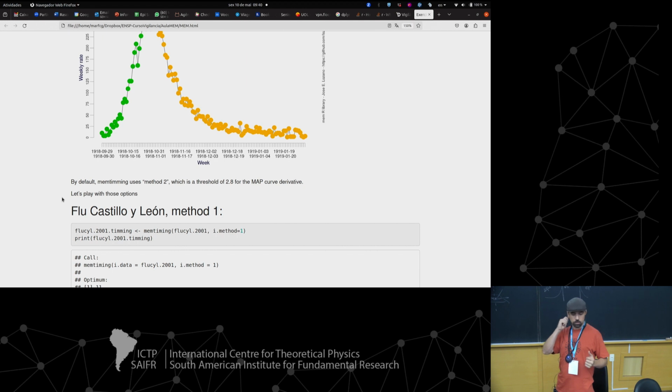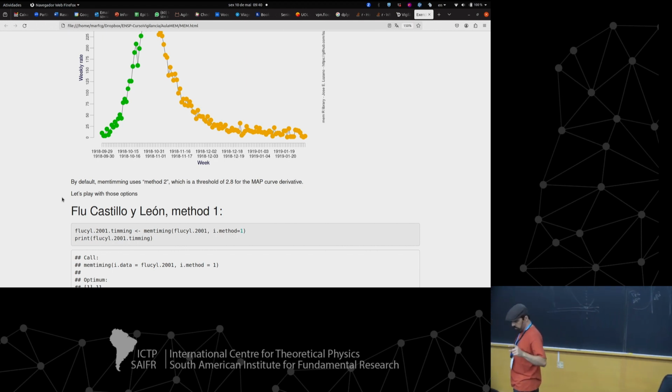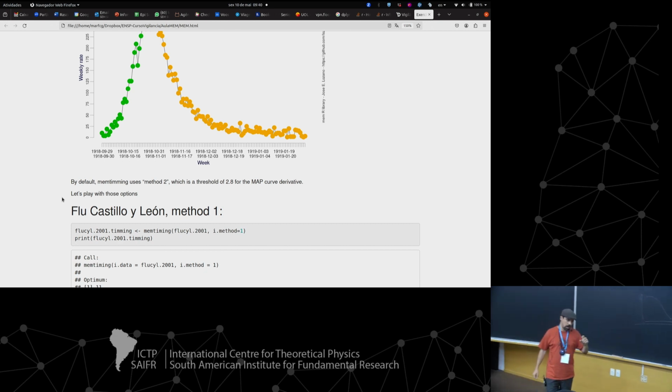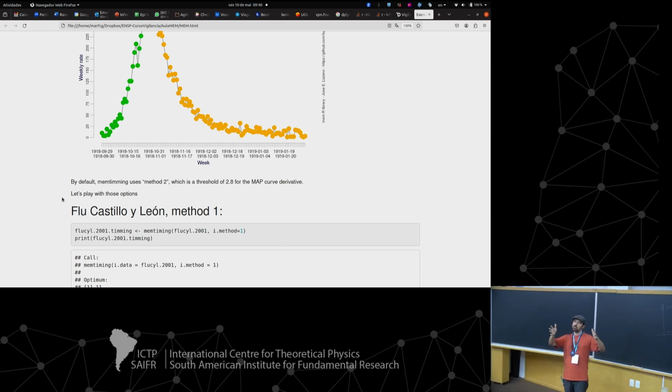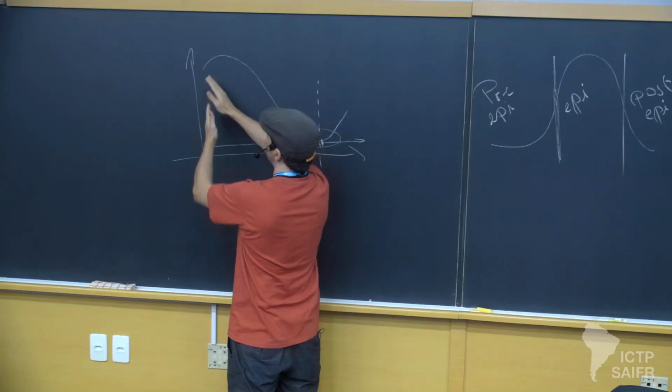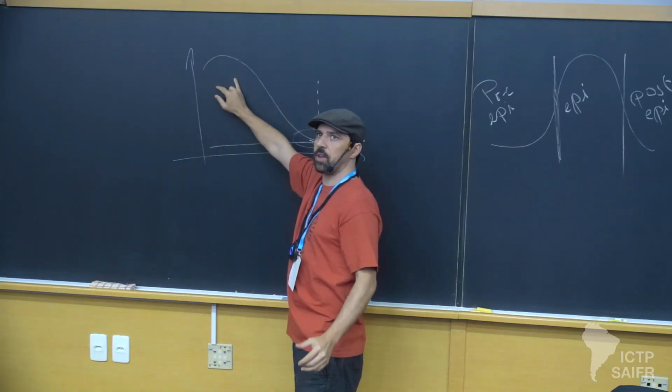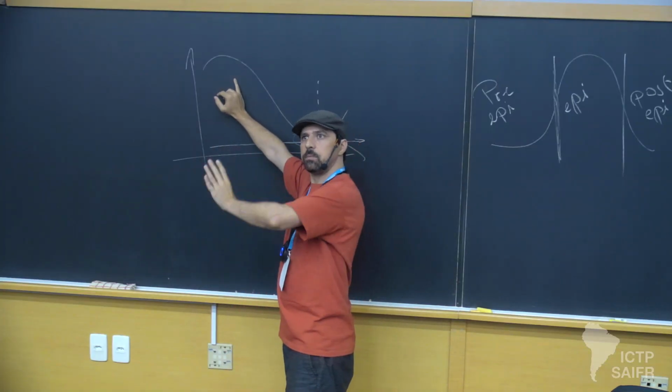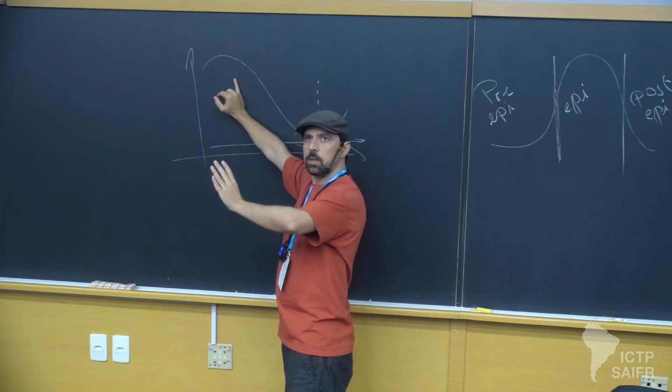Now, method 2 is, as we discussed yesterday, we take the MAP curve, remember, which is the curve that we use to calculate the maximum accumulated percentage of observations for different window sizes, right?